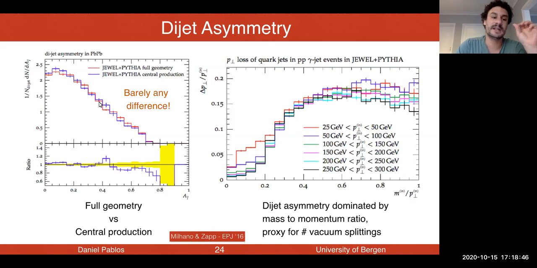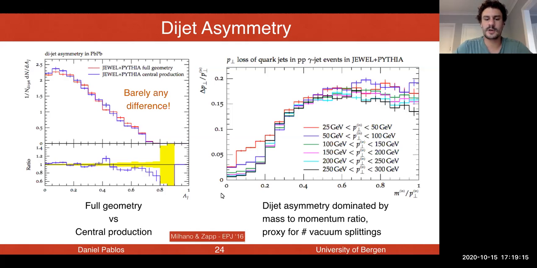And what you see is that there is no difference if you compare it against the full result, in which the creation point is scattered across all the overlapping surface of the two nuclei. So how can this be? How can it be that dijet asymmetry has barely anything to do with the amount of length traversed by each of the jets? Well, the solution is in jet substructure.